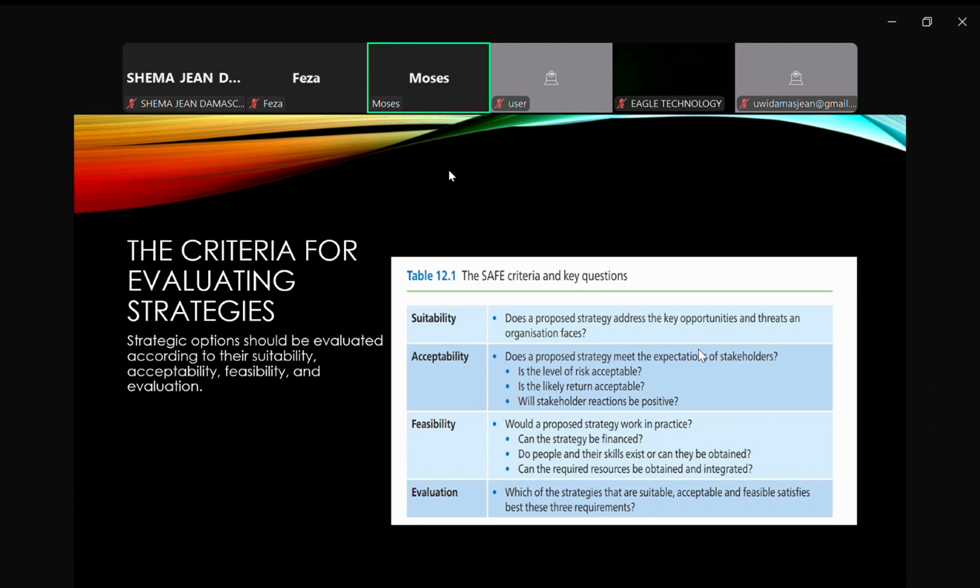So before you implement a strategy, you simply check whether that strategy is suitable, acceptable, feasible, and whether it generally really is a good strategy. And this is something that usually the board does before approving a strategy.